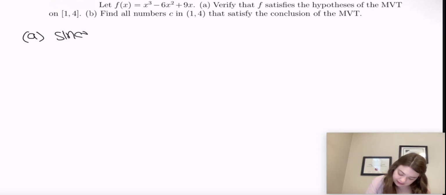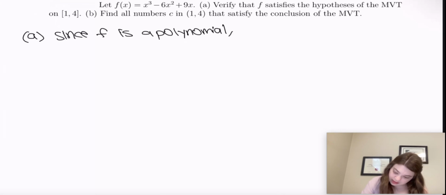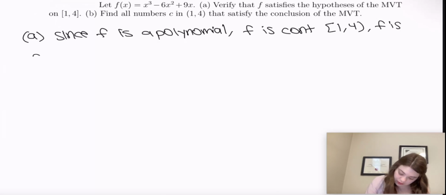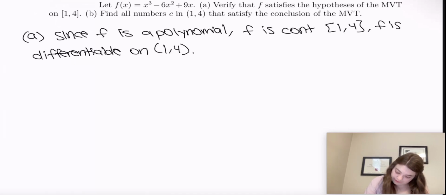Something like, since f is a polynomial, the conditions are met, so that f is continuous on 1 to 4, and also f is differentiable on 1 to 4. And there we go.